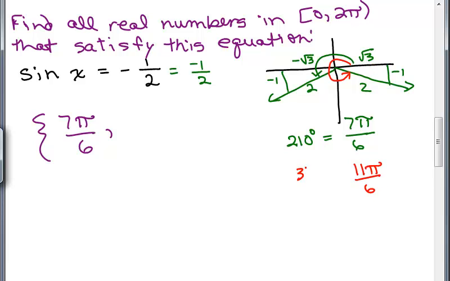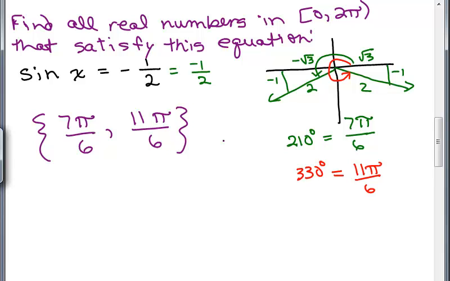That's 330 degrees. But you were asked to write it as real numbers, so it would be 11 pi over 6. So the other solution is 11 pi over 6. And those are the only two places between 0 and 2 pi where you're going to get the sine equaling -1/2. There's two places where the sine is negative: one place in quadrant 3, one place in quadrant 4.